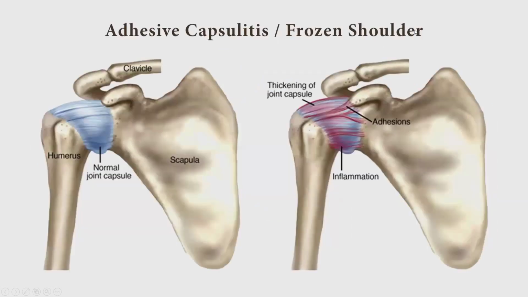Frozen shoulder. This is another common condition that we hear about, but its formal name is actually adhesive capsulitis. Now, outside of the bone, we have the capsule fibers. What frozen shoulder is, is a thickening of the joint's fibers, and it allows for a lack of movement.